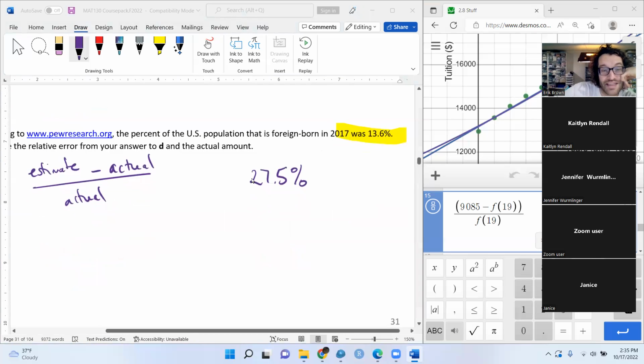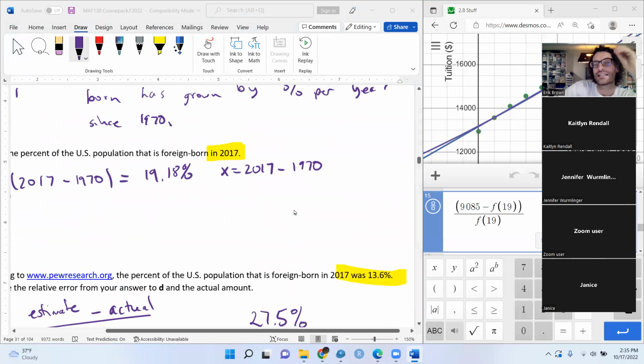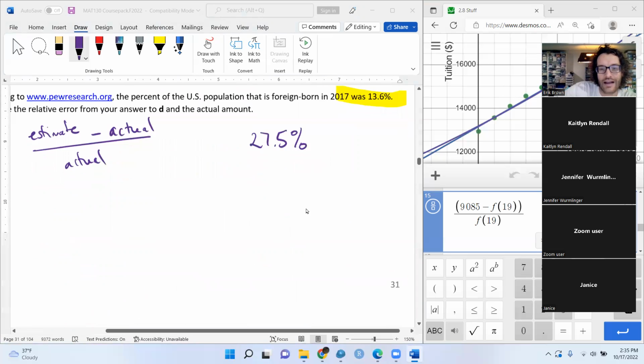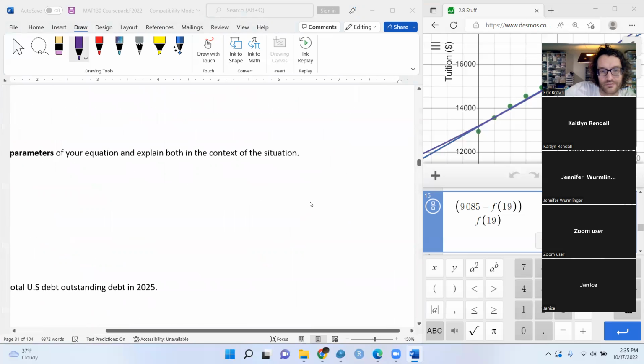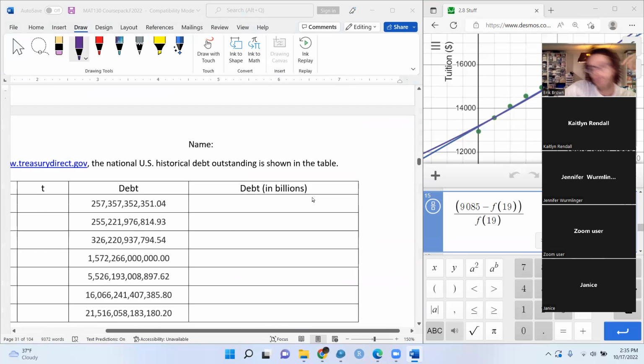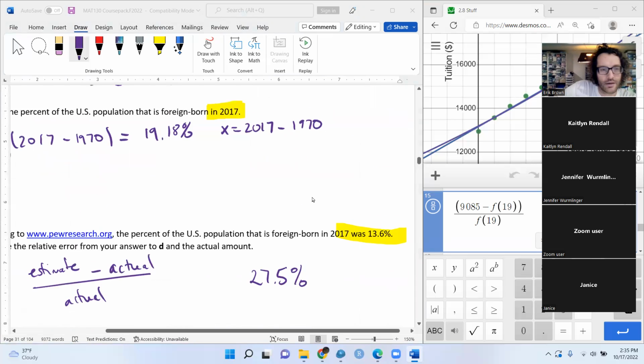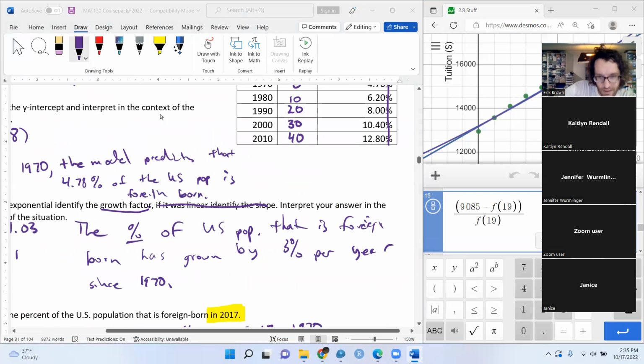And what you just did here is exactly what the project is, essentially 3 times. And it's exactly what the rest of these questions are. Find the model, make a prediction, talk to me about a state, interpret the parameters, the slope and the y-intercept, or the growth factor or decay factor and the y-intercept. Make a prediction. How far off is it?